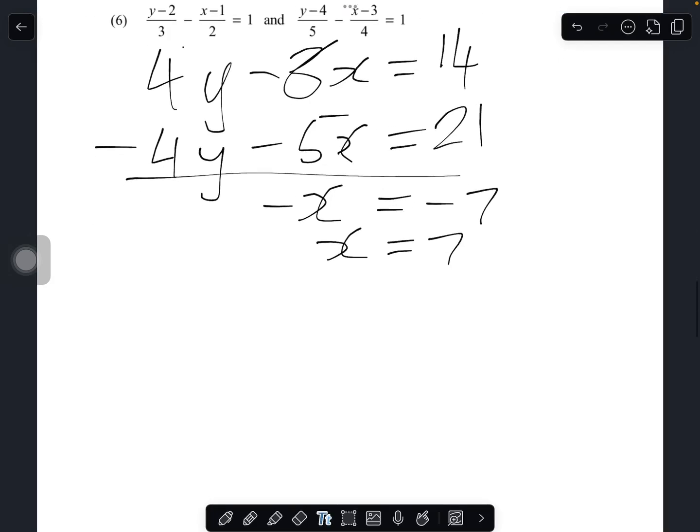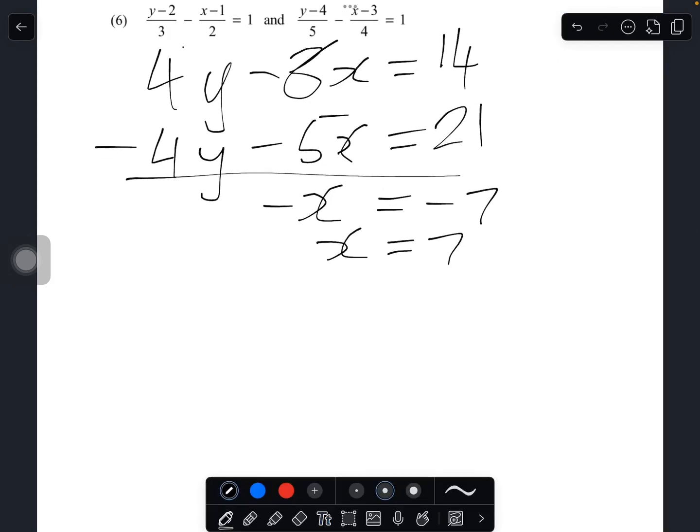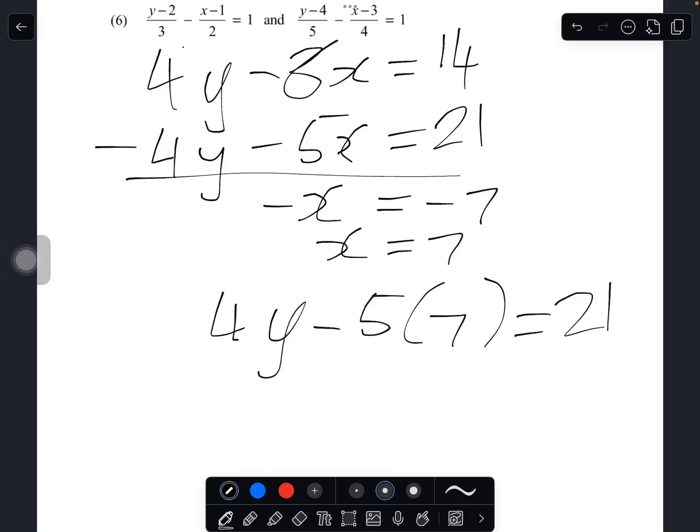We can then substitute this into one of the equations now that we know that x equals 7. Okay, so I'll have 4y minus 5 into 7 equals 21. And then I'll have 4y minus 35 equals 21.